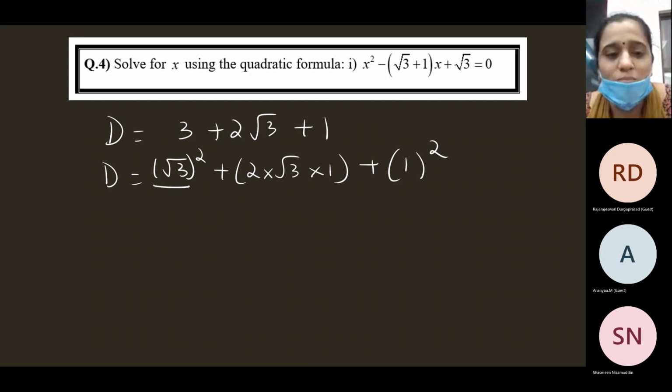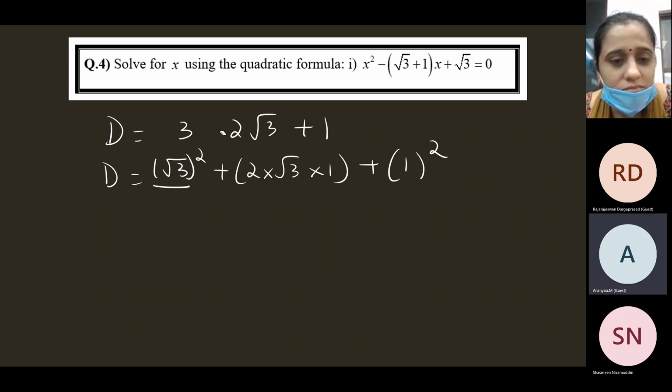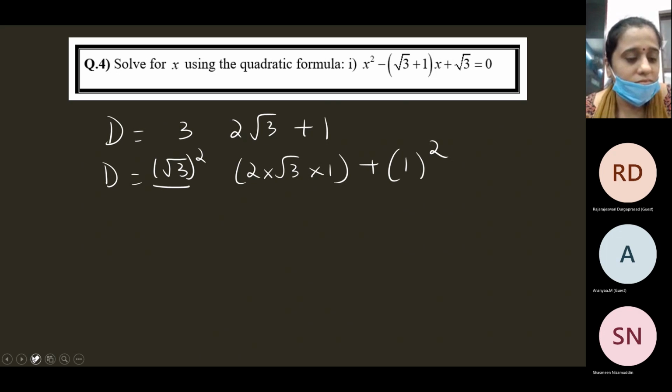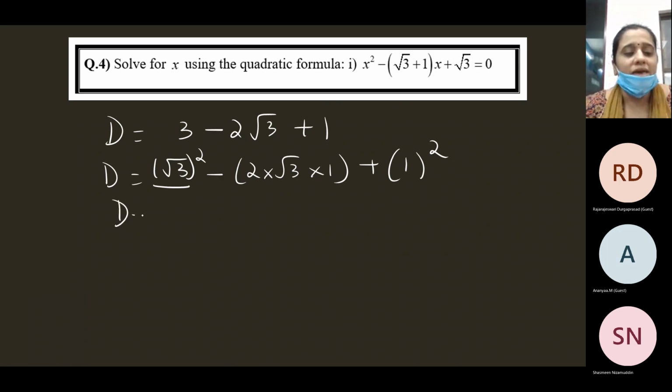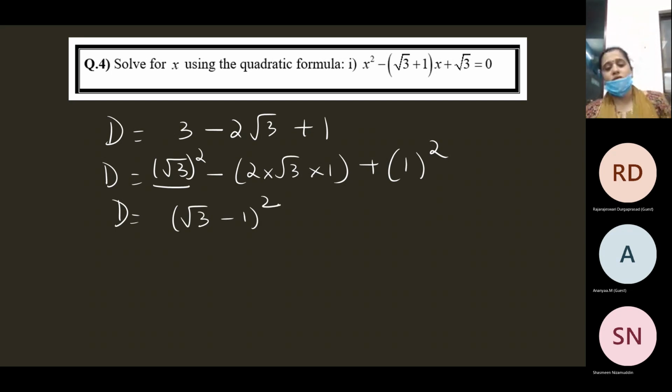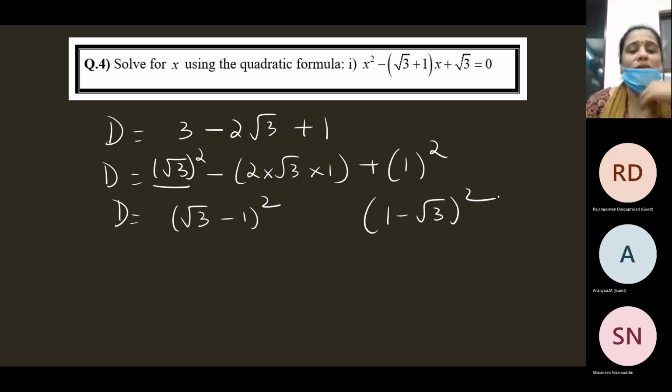Is it minus 2 root 3 or plus 2 root 3, Ananya? Minus 2 root 3. Okay, so this is a minus b the whole square, root 3 minus 1 the whole square, or if you write it the other way, 1 minus root 3 the whole square. Both are fine. Now this is the perfect square. You need to go ahead with this.